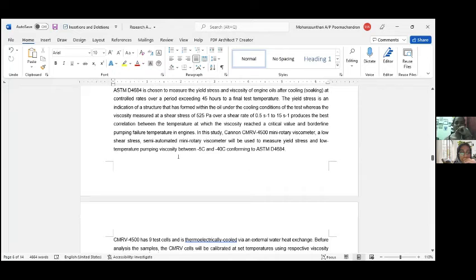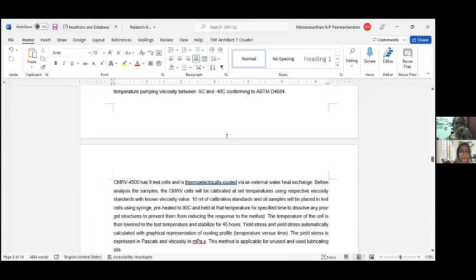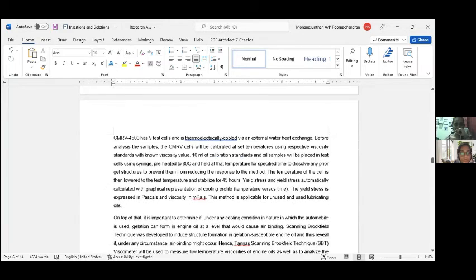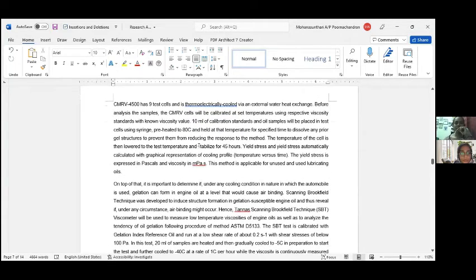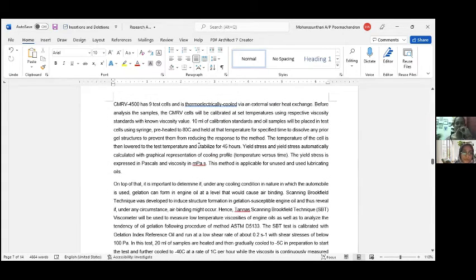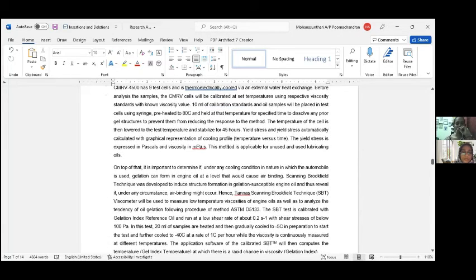The study will be a continuous study from -5 to 40 using method 4684. We will preheat the sample, then cool it, stabilize it for 45 hours, and then read the cooling profile to see how it affects the oil.